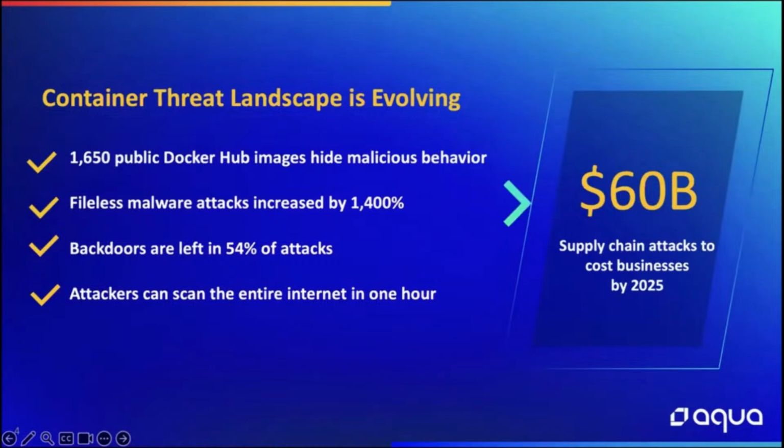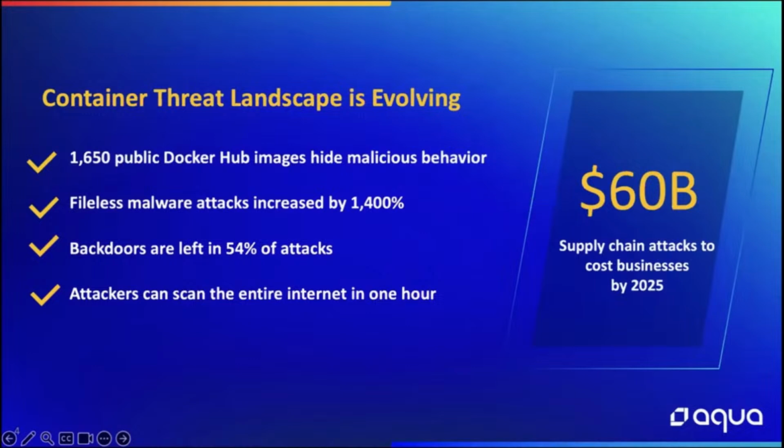We are seeing that attacks are becoming more and more sophisticated. Attackers are getting smarter and smarter. They don't want to get caught, obviously, and they're trying to use more advanced techniques to evade detection. For example, they are using backdoors and fileless malware. All these trends are on the rise currently.